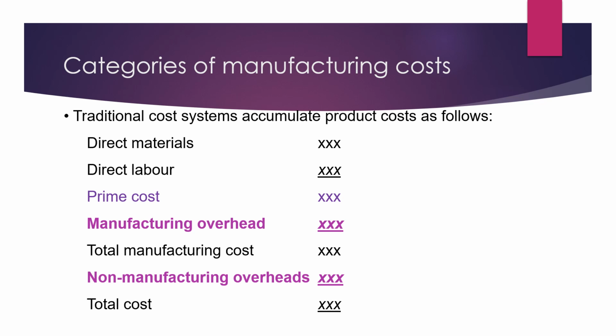The manufacturing overheads include factory overheads, including supervisory cost, depreciation for factory equipment, factory rent, etc. And non-manufacturing overheads include administrative overheads, sales and distribution overheads, finance expenses, etc. When we add the prime cost to the manufacturing overheads, we get the total manufacturing cost. Then when we add the non-manufacturing overhead to the total manufacturing cost, we get the ultimate total cost.